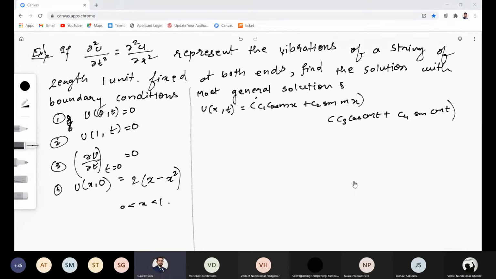Aditya. C4 is 0. Yes, what you said? C4 is 0. I want a change in the most general solution.